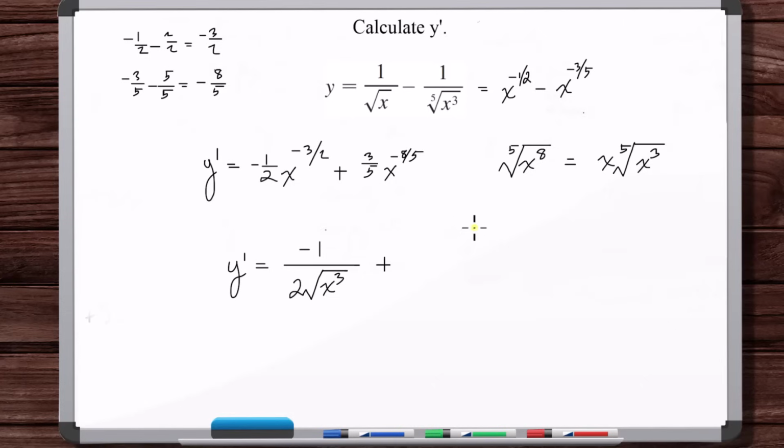That's the fifth root of x to the eighth. So we've got 5x, and there we go. That's the derivative.